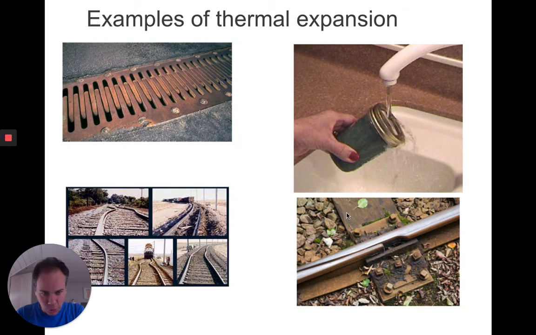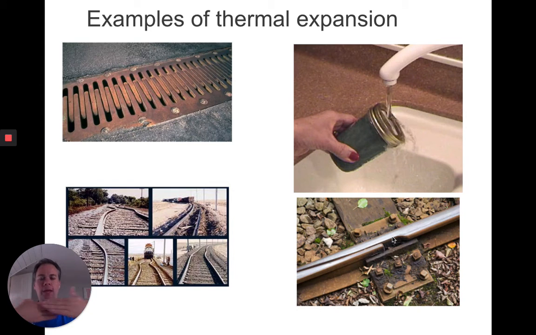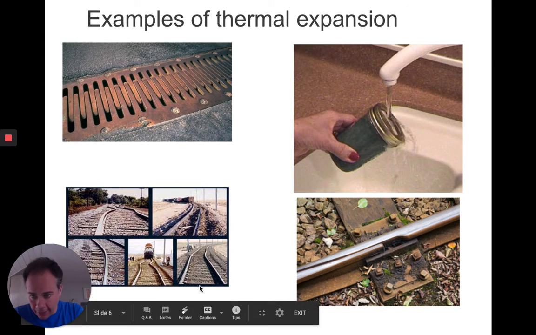You see the same sort of example here in this railroad track where it's not quite a gap, but those panels overlap somewhat and they can expand or contract. If they didn't have that, you can see in this picture that these railroad tracks have buckled because those expansion joints were not working or were not present.